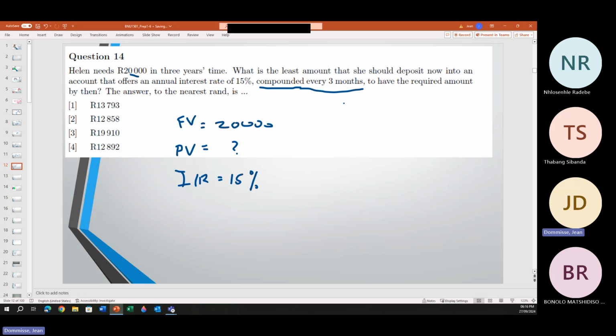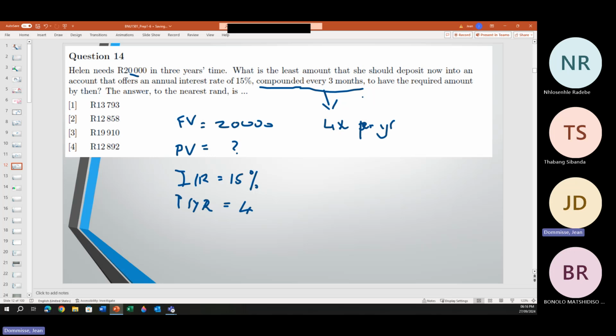So that is quarterly, and quarterly means 4 times the year. So if we're going to use our financial calculator, there is a per year button that we need to use, which is going to be 4.